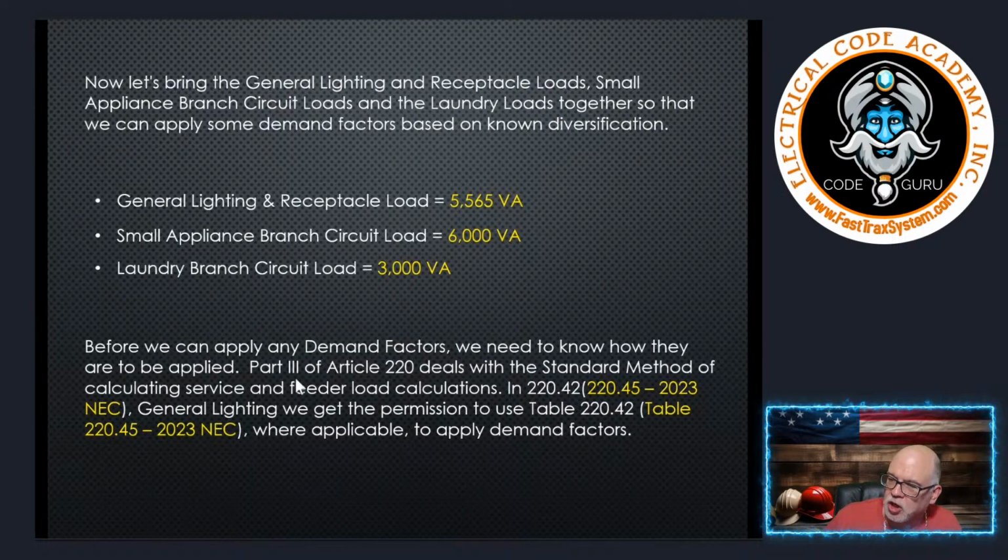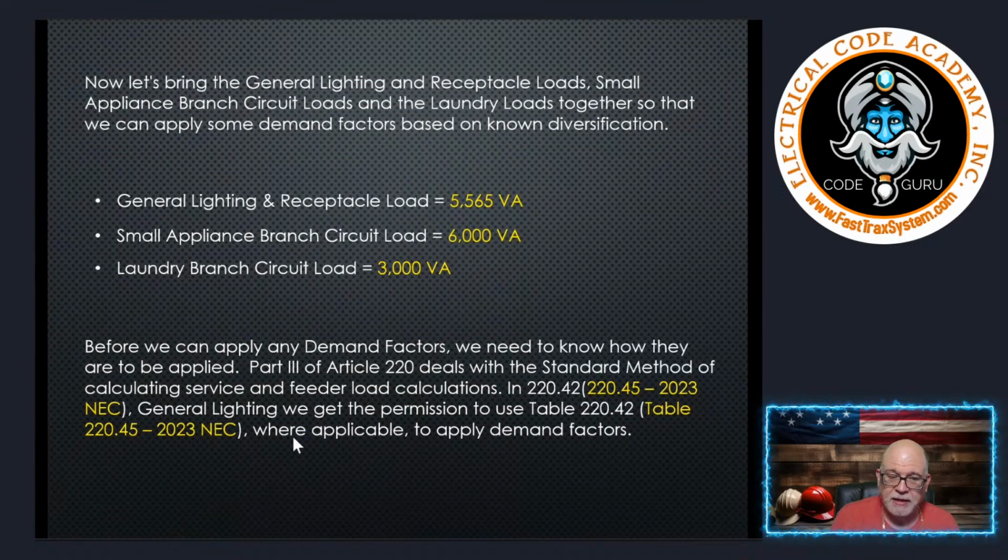Now, in Part 3, the standard method, we're going to apply some adjustments, some demands that we get to apply to this. So 220.45 gives us the permission to do all this and have the general lighting also include those general use receptacles.